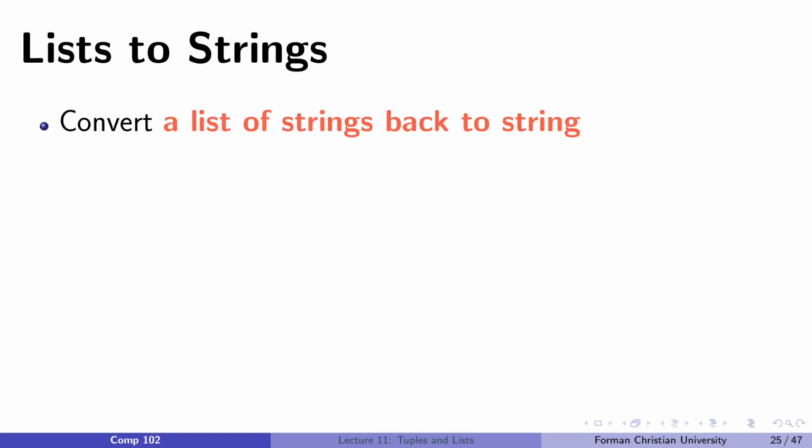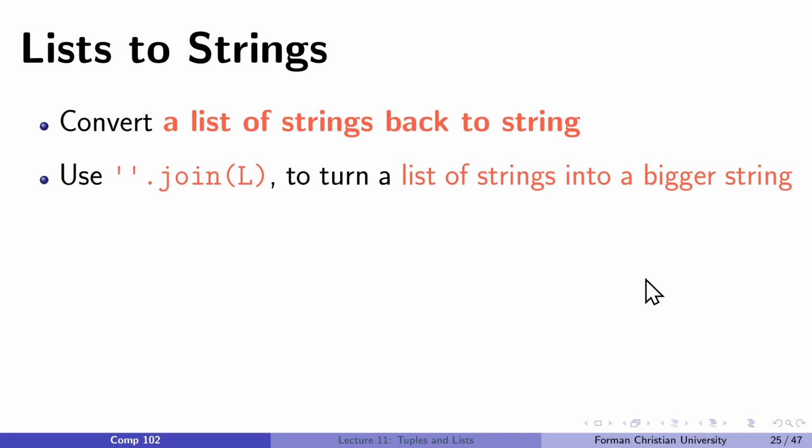What about the other direction? You have a list of strings and you want to combine them into one string. Here we use the join syntax. The syntax is basically an empty string, double quotes, dot join and then L, that's a list. So the string before the dot is the separator.